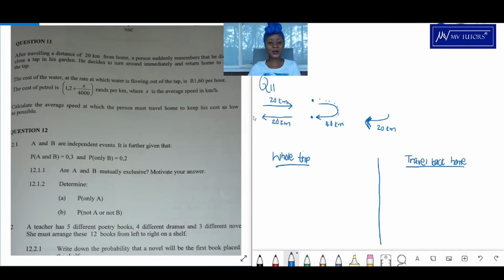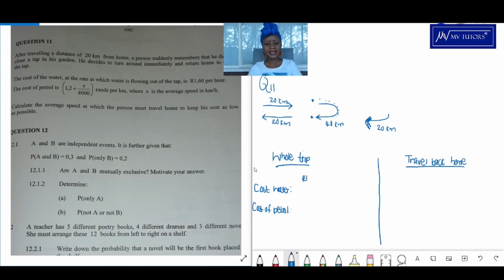Okay, so anyway, let us get the cost of both. What are we starting with? The water. So I'm just going to say the cost of water, and I also want to get the cost of petrol. So it was 1 rand 60 per hour.